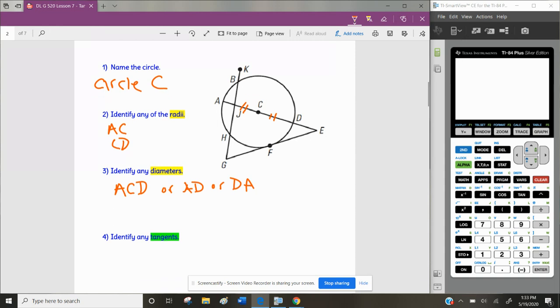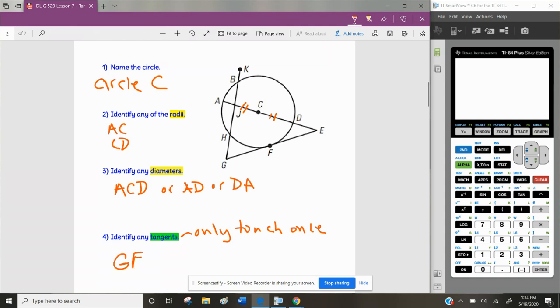So now we're going to identify any tangents. Tangents are our new word, and those are lines or segments that only touch the circle once. Tangent is a touch, right? So if you only touch something, it's once, not more than once. What segments here only touch the circle one time? That would be GF, right?